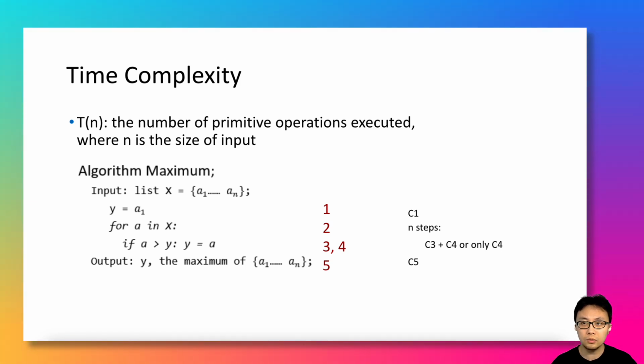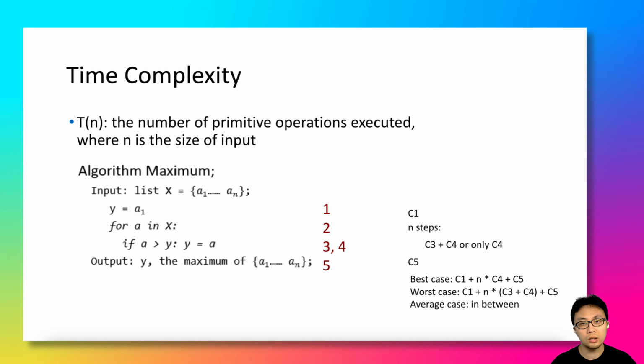If you stick to the same notations and strictly follow the RAM model, it will express the time complexity for the best and worst case differently, basically replacing all those ones with constant time symbols like C1 or C2. Okay, for the best case, Tn will be expressed as C1 plus n multiplied by C4 plus C5.